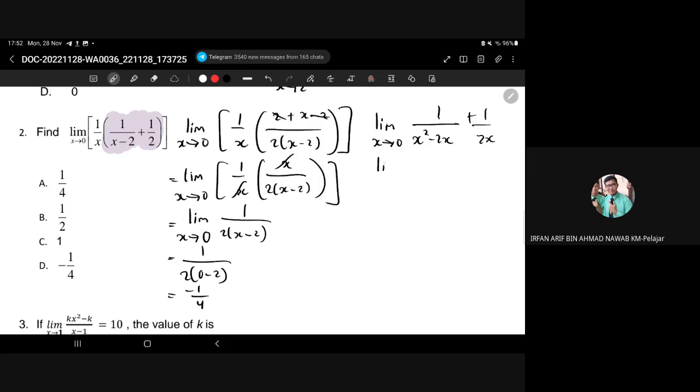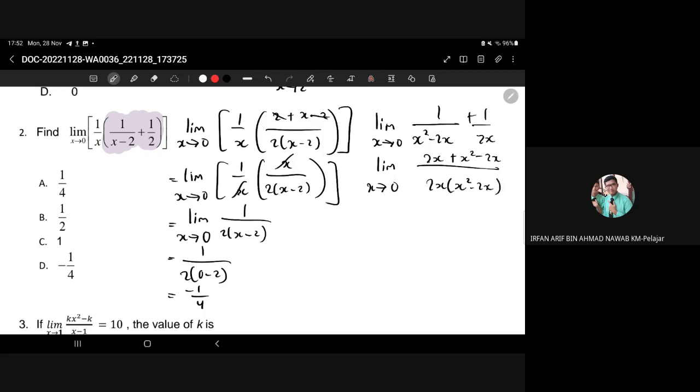So let's combine these two first, because we know that if we direct substitute, then we will get the previous solution where it's 1 over 0, which we can't evaluate. So let's try and make this as a single fraction. Okay, so we have 2x, x squared minus 2x.